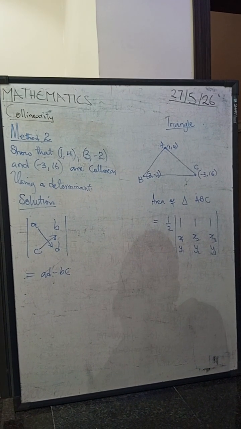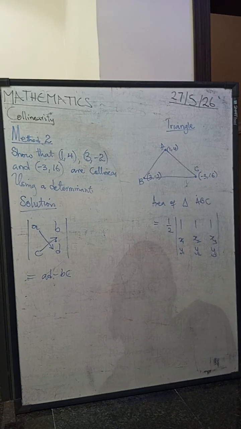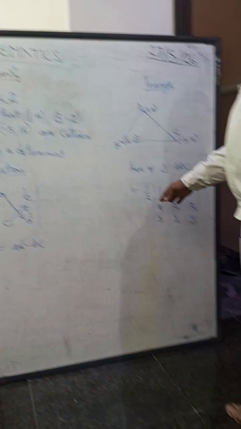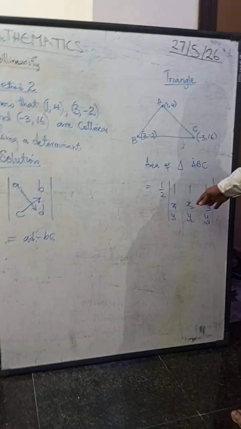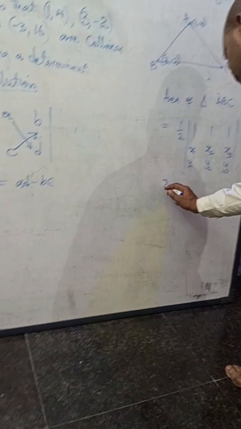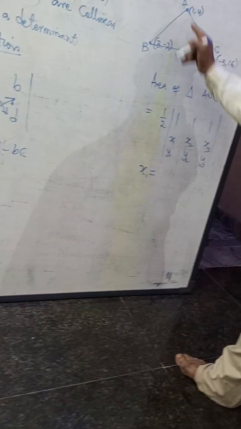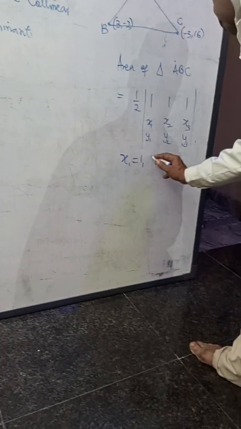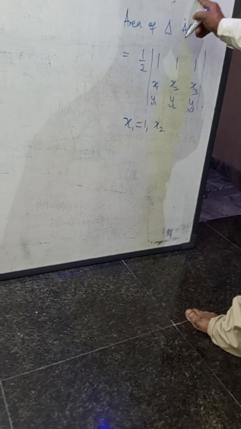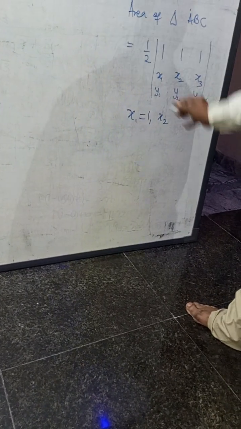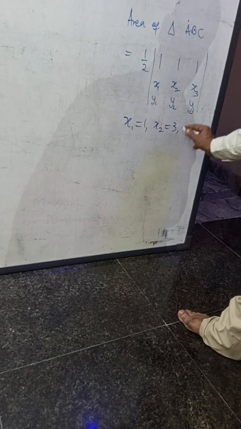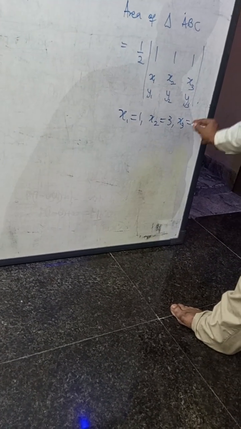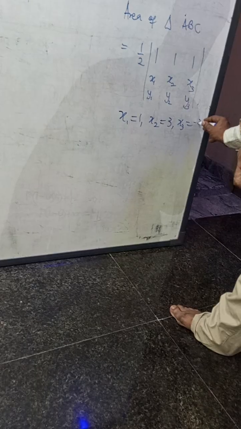Now we are going to begin by identifying the points x sub 1, x sub 2, and x sub 3, and y. So let's look at point A. Our x sub 1 will be equal to 1. Our x sub 2 will be equal to 3. And our x sub 3 will be equal to negative 3.